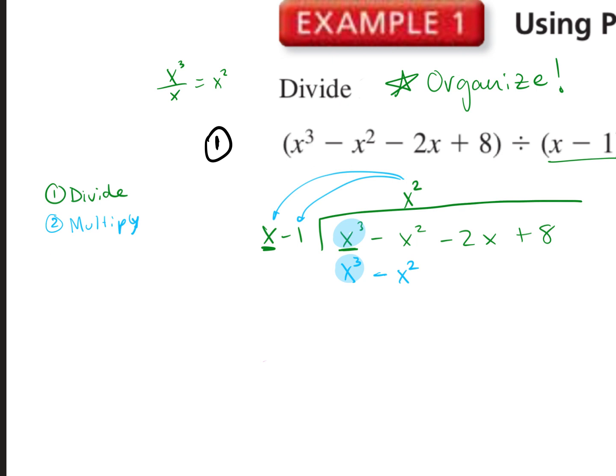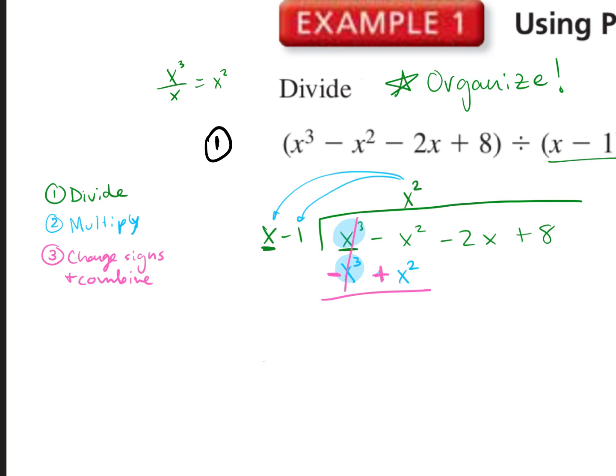After we multiply, step 3 is to change the signs and combine. So we're going to change the signs of these 2 terms and combine them together. So it becomes a negative x to the third power and a positive x squared. Now x to the third power minus x to the third power cancels.